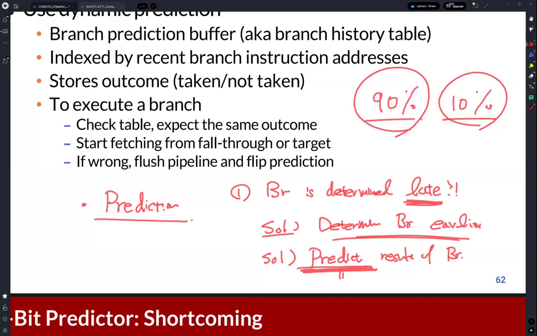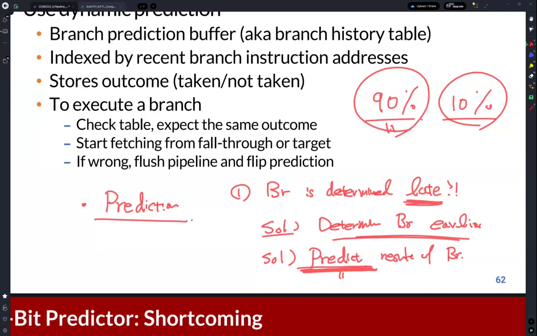So if we can predict the future result with a very high probability, then we can use this prediction technology in our system, right? So it's called the prediction hit rate.